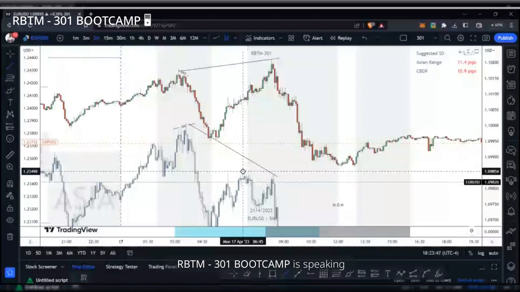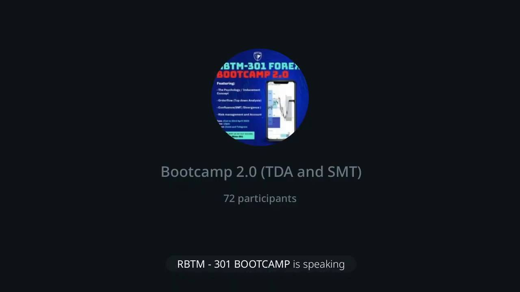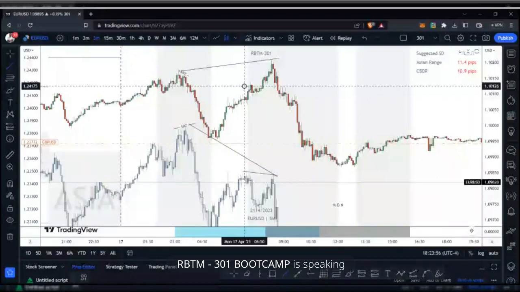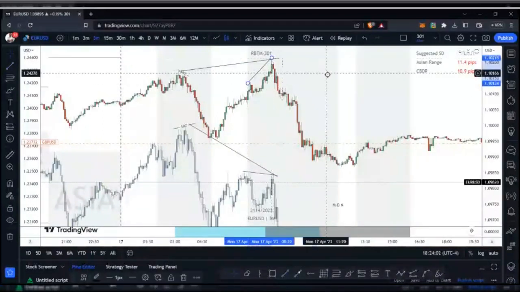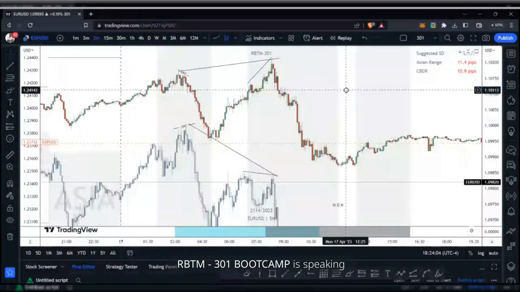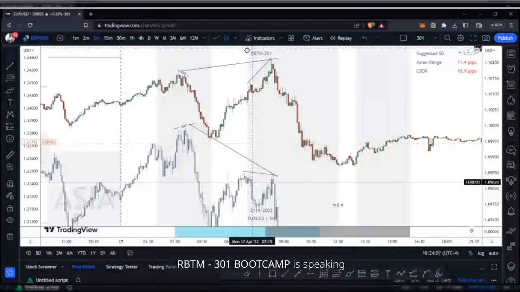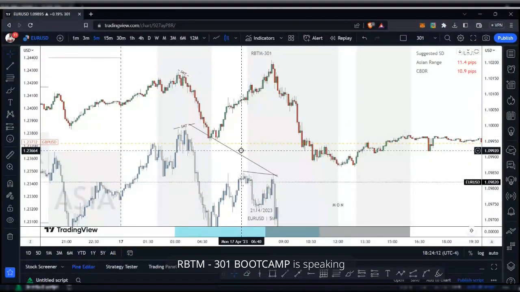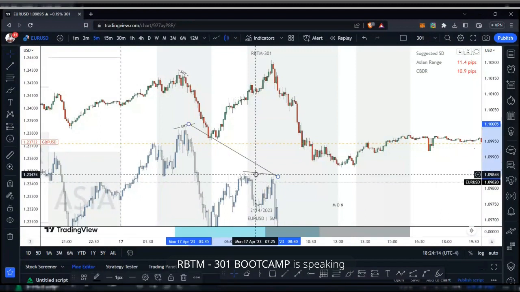Look at this one. This made a low, right? And at that particular point, look at GU. GU was busy doing what? Making the highs, continuing to make the highs. Now, me, I don't really look for all of these things. The one I'm really interested in is at that particular time when I want to take that trade.